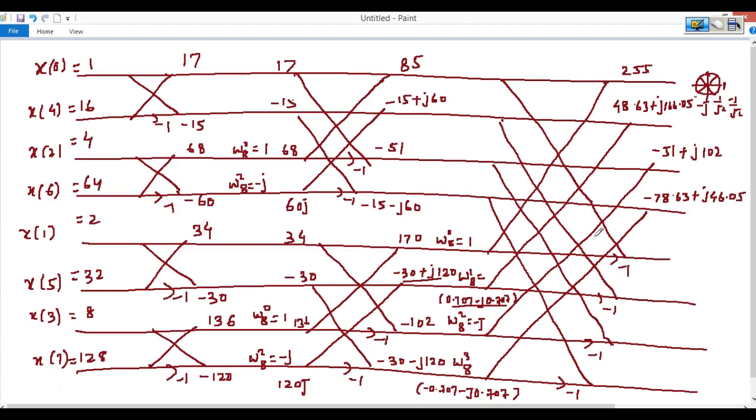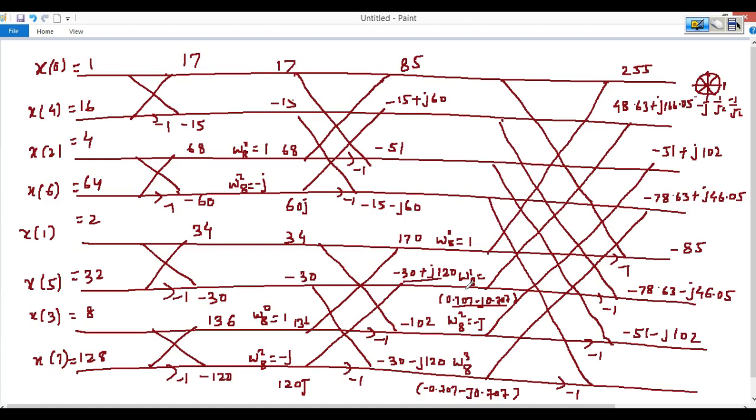For x of 4, 85 minus 170 becomes minus 85. This one, minus 15 plus j into 60 into this minus 1. If I subtract it, I will get minus 78.63 minus j into 46.05. Similarly, this one, minus 51, minus becomes plus 102 into j into minus 1, so minus 51 minus j into 102.